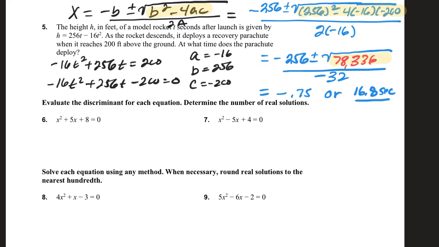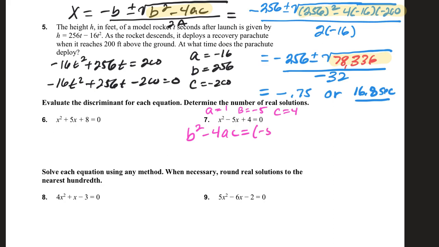Evaluate the discriminant for each equation. Determine the number of real solutions. So you need to first identify your A, in this case it's 1, your B coefficient, which is negative 5, and then your C coefficient, which is 4. The discriminant is B squared minus 4 times AC.